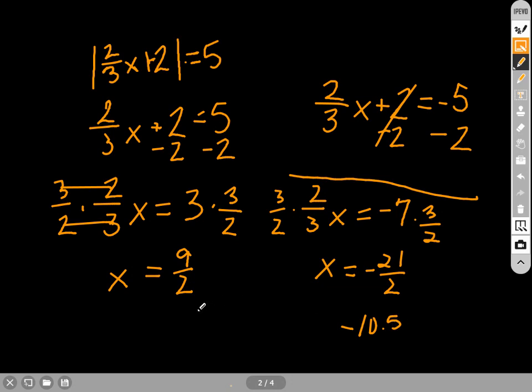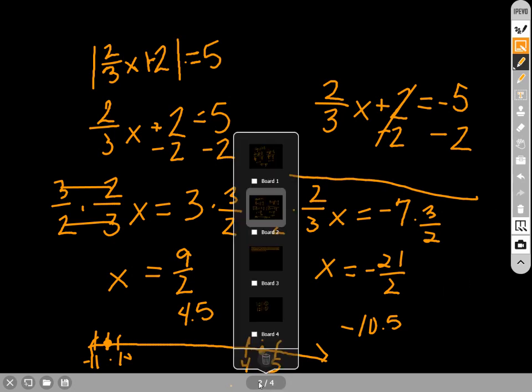If we wanted to graph it on the number line, we're going to have a dot between 4 and 5 and between -10 and -11. I'm not going to draw it because I don't have enough room, but our -10.5 would fall between -10 and -11, and our 4.5 would fall between +4 and +5, and that would be our answer graphed.